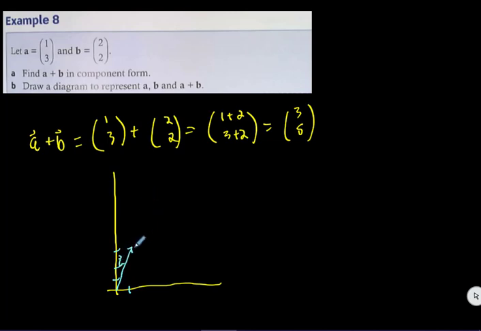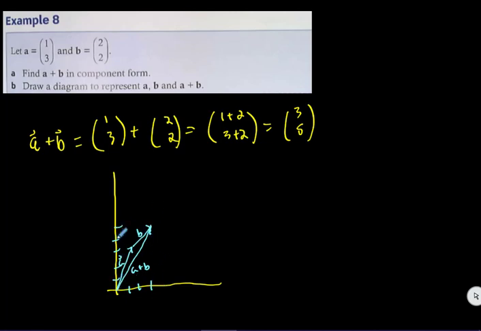And then from there I can use the vector 2, 2, so from this point I can go over 2 and then up 2 right here, and that would be b. And then we can see that this vector here would connect them, and that would be a plus b, and we can see how that works, right? That would be over 3 and then up 5, 3 and then 5.